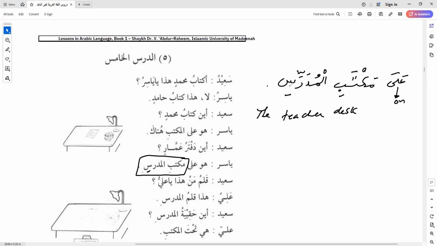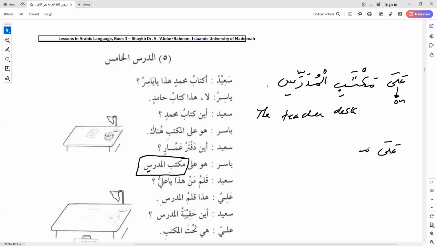Now, what about if the teacher is indefinite? We don't know the teacher we're talking about. We know that the desk belongs to somebody who is a teacher, but we don't know who. So we can flip the sentence. Look at how it's going to end.